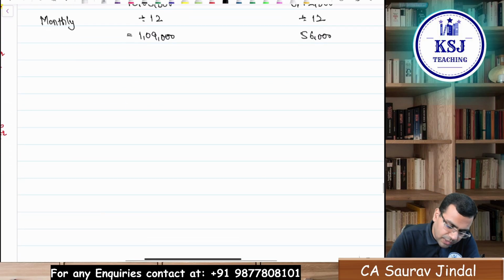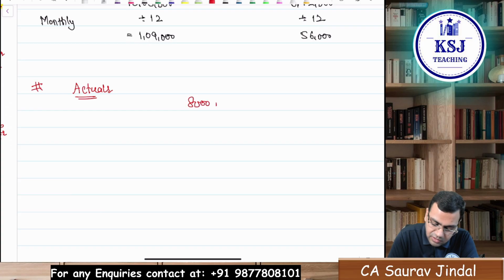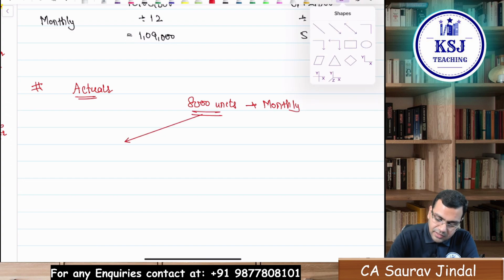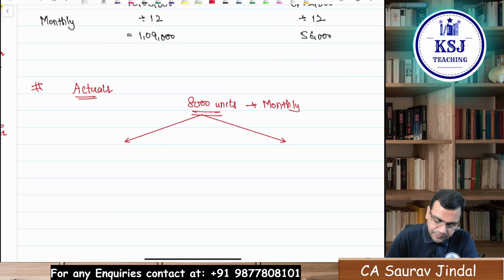Now, let's try to interpret the actuals. What are the actuals given? Right, now, if you see, the actuals are given for 8,000 units monthly. Again, the actual overheads incurred are given to you. Yes, sir. For these 8,000 units, what are the actual overheads given?